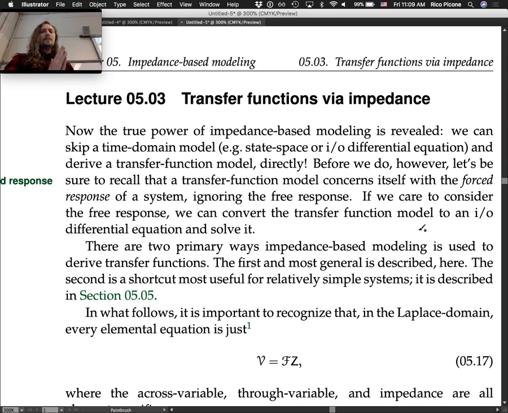But the shortcut method I will highly recommend. I think it really gives you a quick way to get to a model. It's really pretty powerful. But I'm going to teach the general way first, and then we're going to see how nice the simple way is. And actually, to kind of give away the punchline here, it is essentially the voltage divider or the current divider rules.